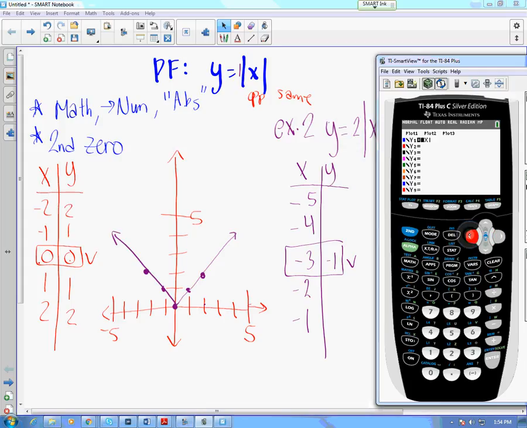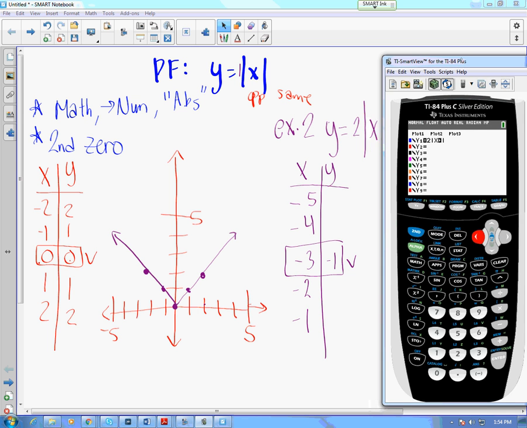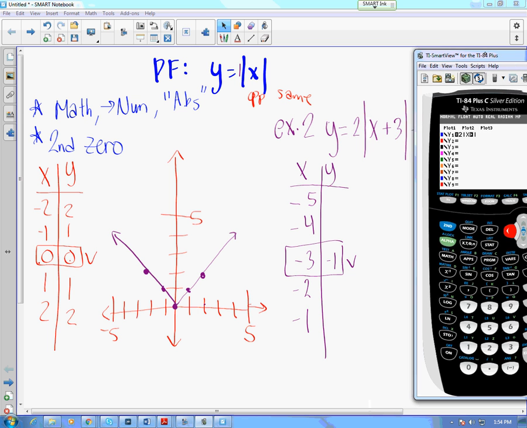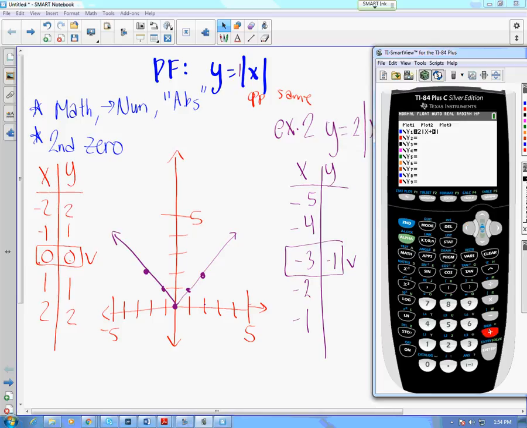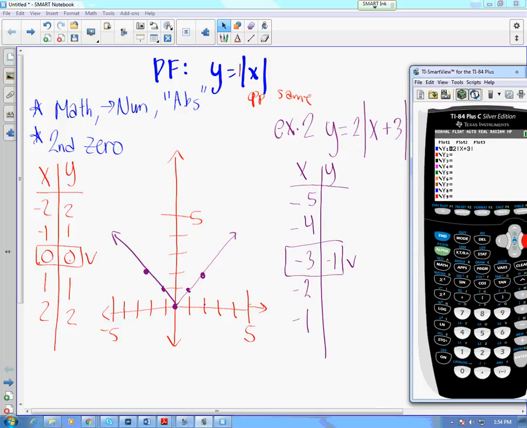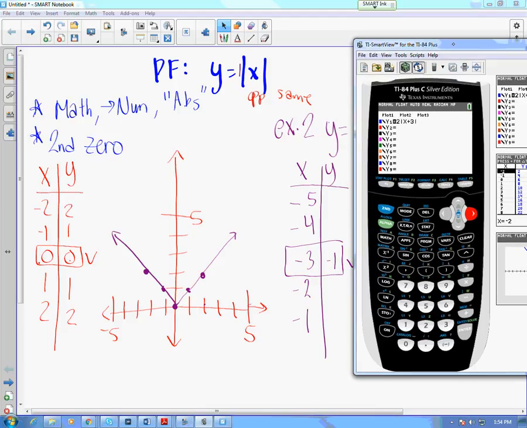If you put your blinking cursor on the first bar of the absolute value and go second delete, which is the insert button, you can type in 2 and insert it in. So you don't have to delete everything, you can just insert it. And then I get a +3 on the inside, and then a -1 on the outside.